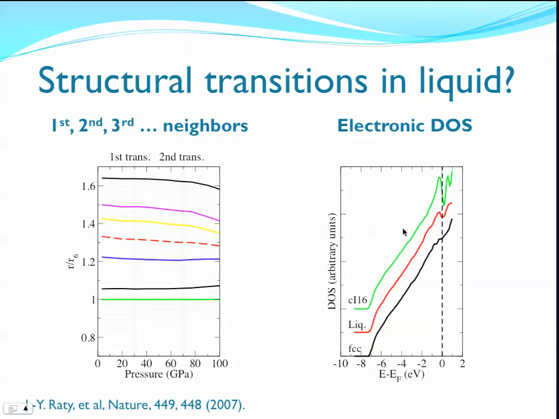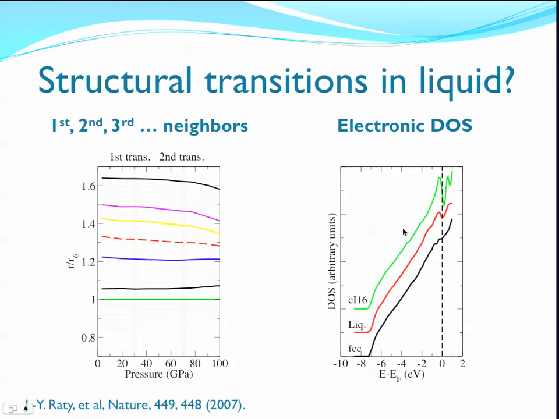If we look at this order parameter that basically describes the distance from any given atom to its neighbors, to the first closest neighbor, second, third, and so on, normalized to the distance to the sixth nearest neighbor, we see that the people who published this paper saw that there is a contraction of the second coordination shell happening in the liquid as pressure increases.